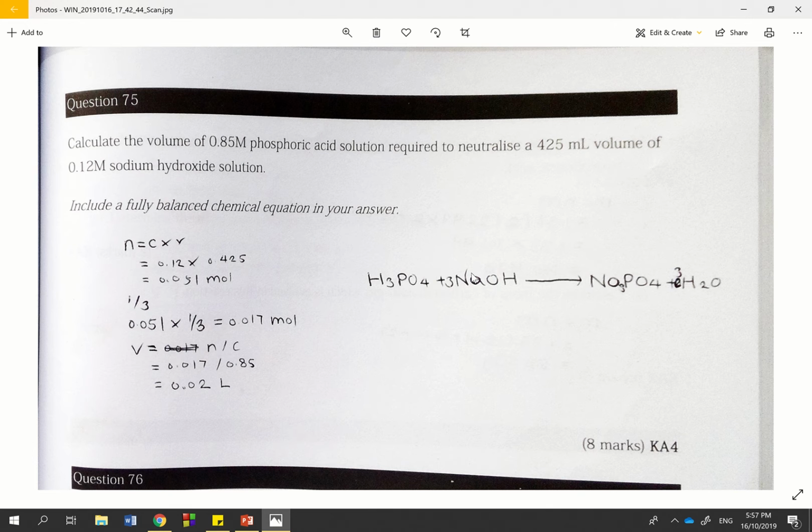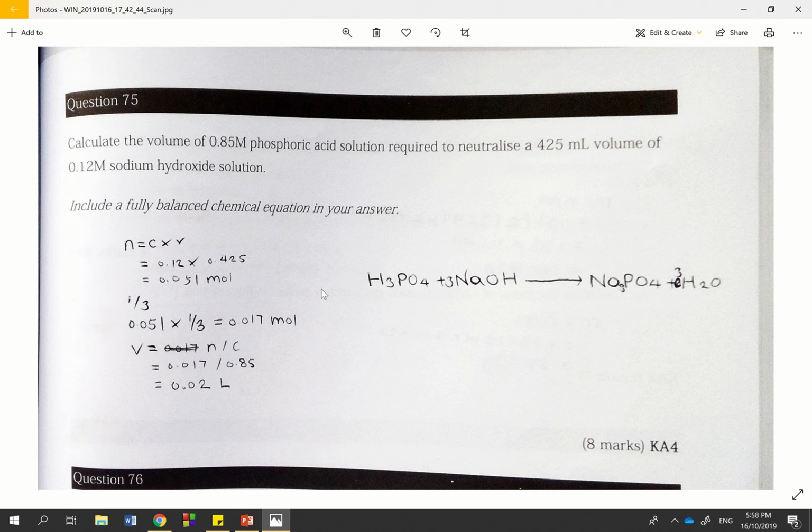Now let's recognize some of these molecules we have here. H3PO4, that is our phosphoric acid, the one we need to figure out. And NaOH, that is our sodium hydroxide, the one we have information about. The next thing we do is figure out their stoichiometry.